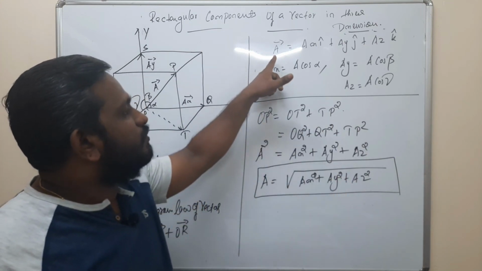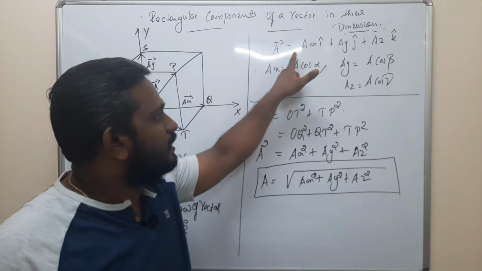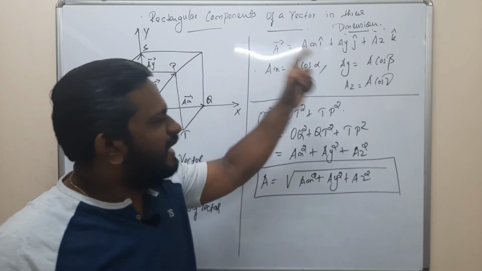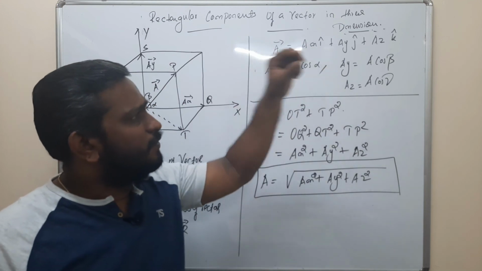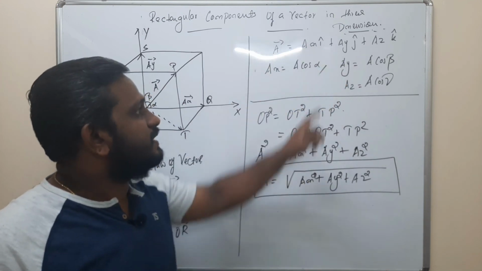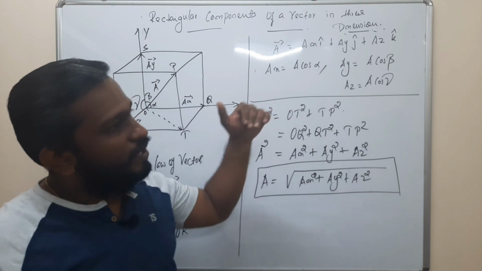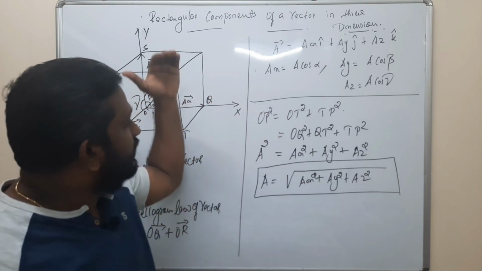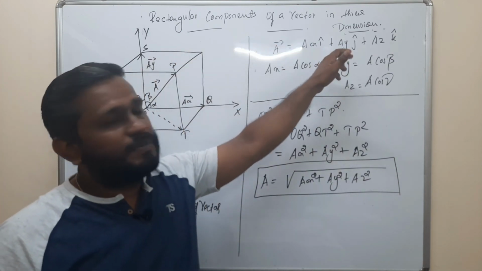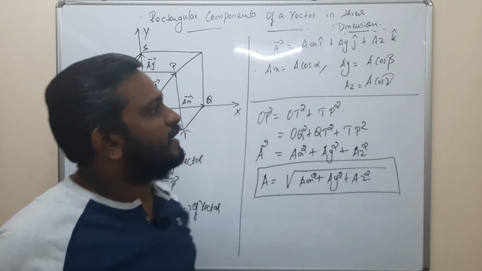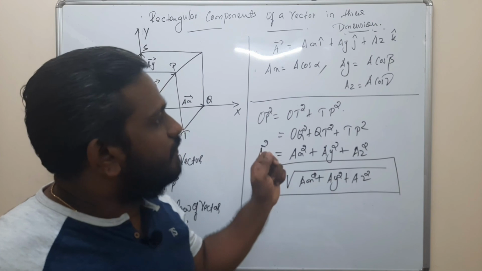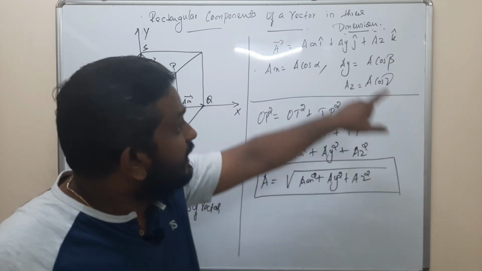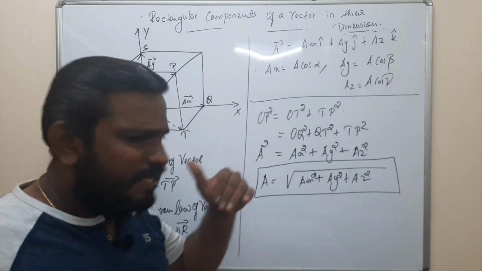So the component form you should know: A is equal to AX i cap, where AX is the magnitude of the X component and i cap is the unit vector along the X axis. AY is the magnitude along the Y axis and j cap is the unit vector along the Y axis. Similarly, AZ is the magnitude along the Z axis and k cap is the unit vector along the Z axis.